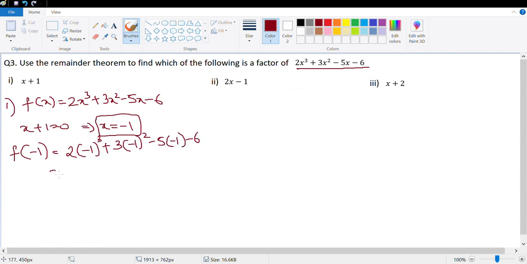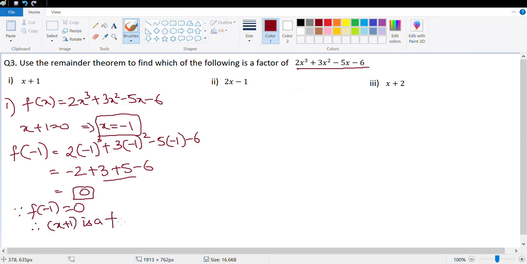This is negative 2 plus 3 plus 5 minus 6. That's 8 minus 8, 0. So since f of negative 1 is equal to 0, therefore x plus 1 is a factor. It will be a factor only if the value of the polynomial when x is equal to negative 1 is 0.